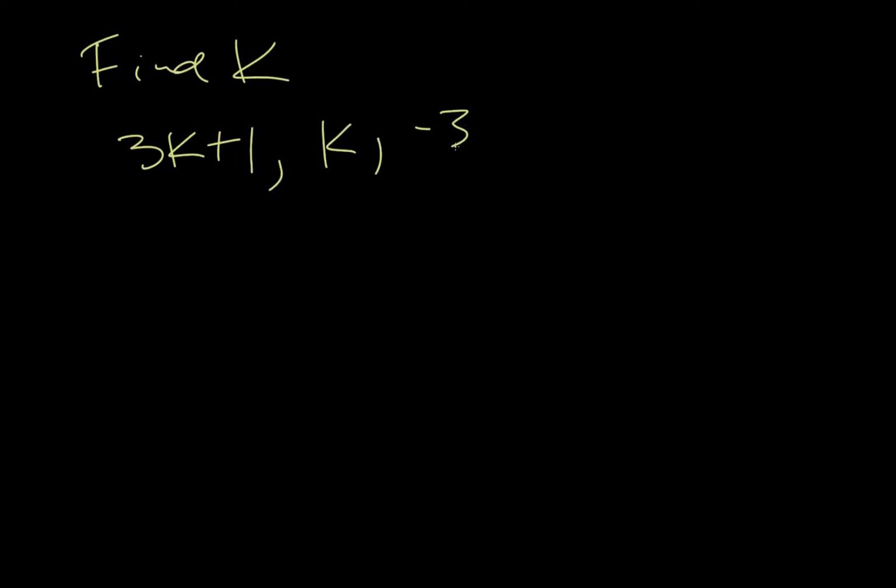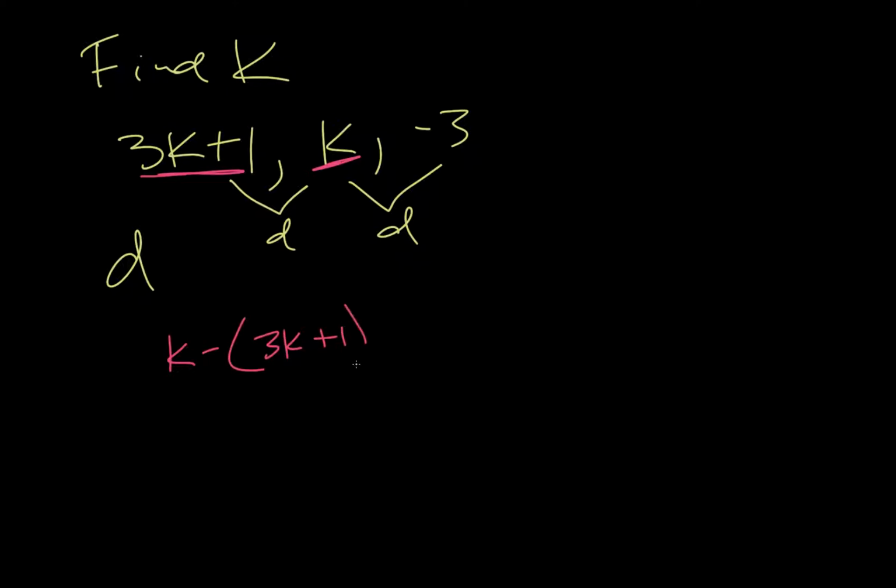Okay. So we're going to have to go back to the idea of d. So remember, d is the common difference. So we know that the distance from here to here is d, and the distance from here to here is also d. So if we just take this minus this, so we say k minus (3k plus 1), that would equal d.